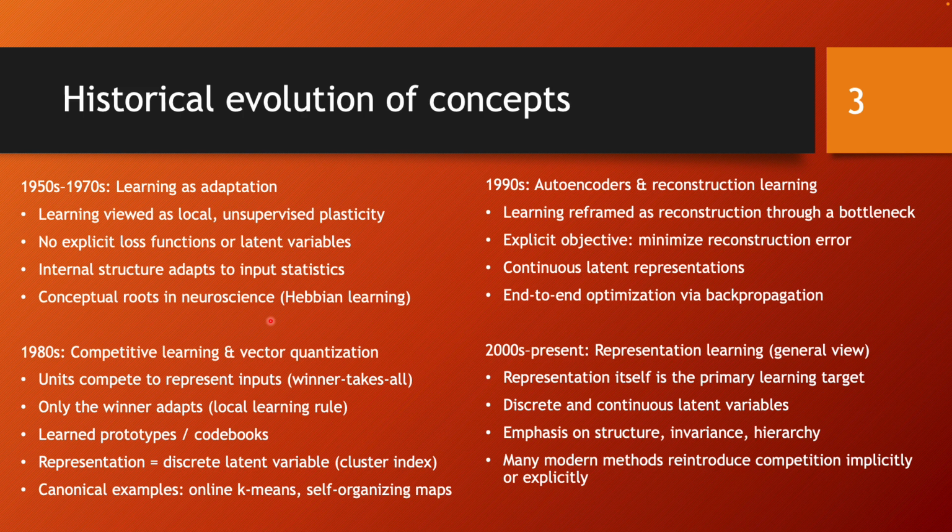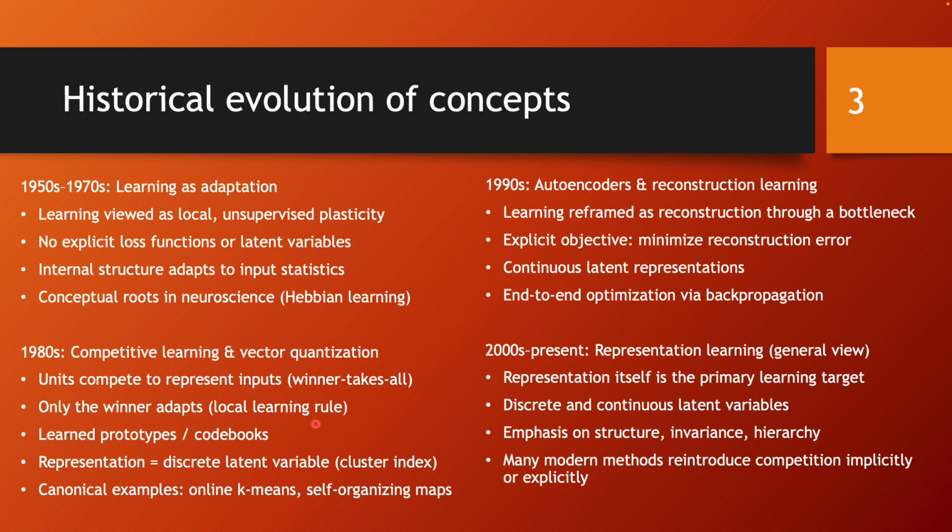And then later on, in the 1980s, we have a new idea of competitive learning, where the key concept is that neurons or units compete to represent inputs. And this competition is seen as a winner takes all, meaning that in a layer of neurons, there is one single neuron that gets activated, and only that winner adapts.